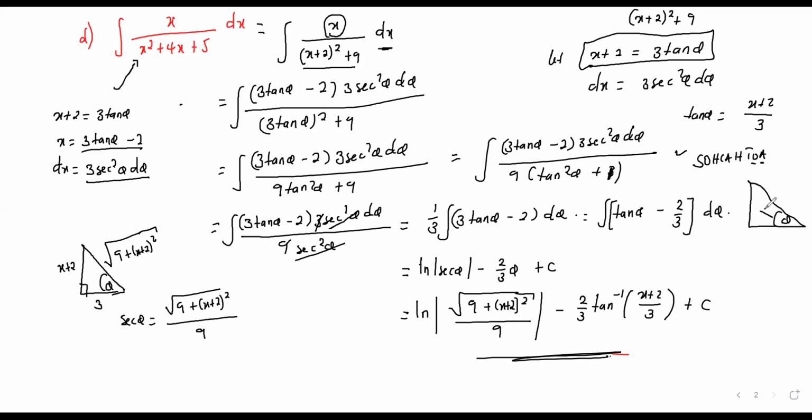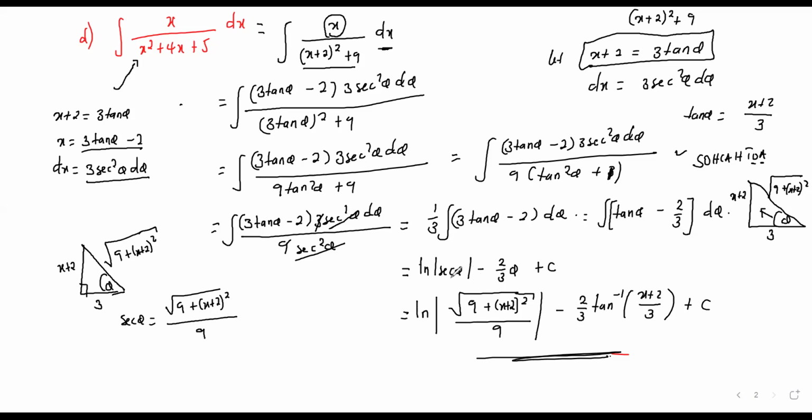So I go opposite, that's x plus 2. Adjacent, that's 3. In order to get the hypotenuse, I use the Pythagoras theorem, so it's going to be the root of what? 9 plus x plus 2 squared. That's how we form the full triangle.